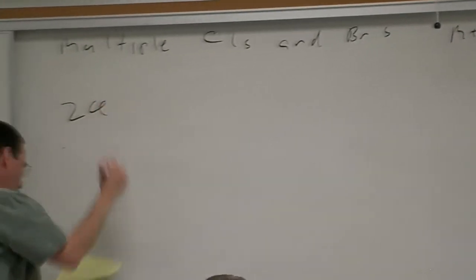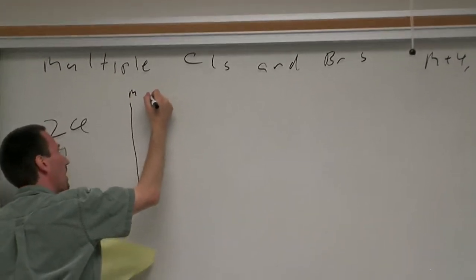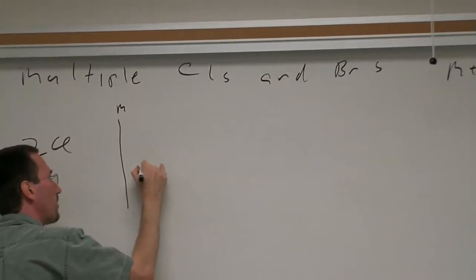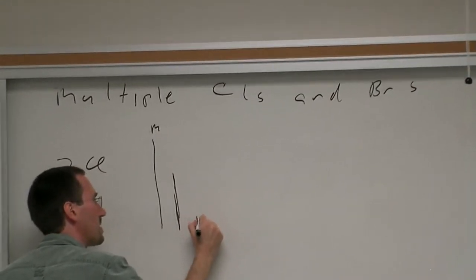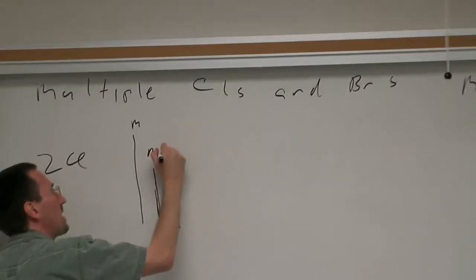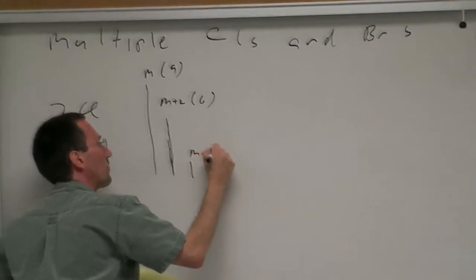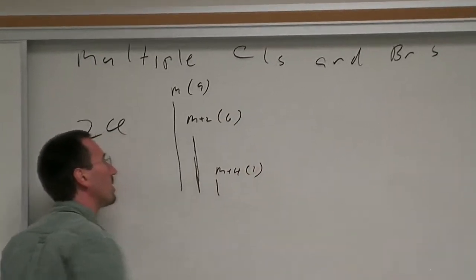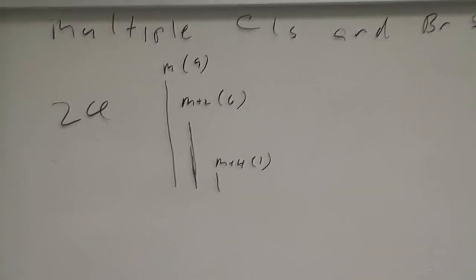If you have 2 chlorines in a molecule, you'll see a peak, and then another peak at M+2. That's about 2/3 of the height, and then a peak at M+4 at about 1/9. We'll call this 9 to 6 to 1. So much of spectral analysis is about pattern recognition.